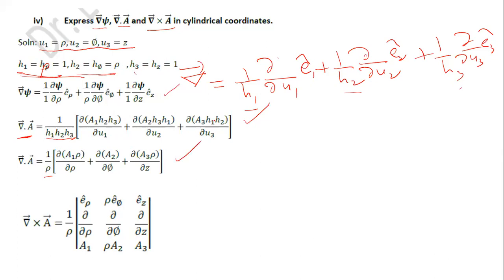So for curl also, this was your expression. You remember, I think you can browse back through your notes also. The general curvilinear coordinates curl expression, it is there. So you just substitute h1, h2, h3, and u1, u2, u3. This is what you're going to get.